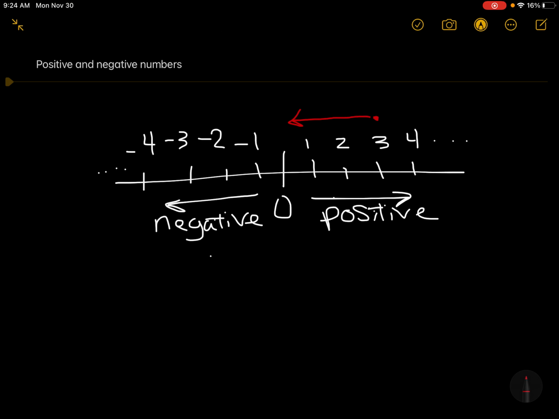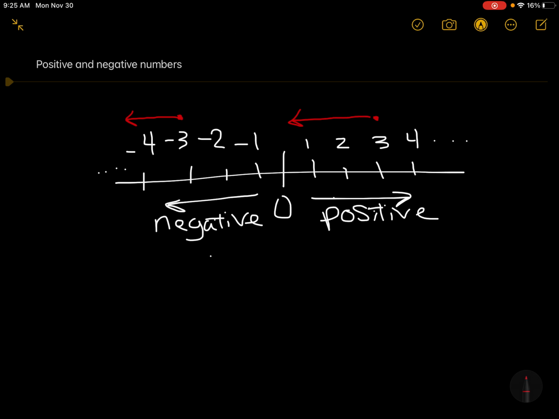Let's look here at -3. Again, any number to the left is going to be less than our starting point. So -4 is going to be less than -3. That means you are farther away from a positive number, meaning it is less.